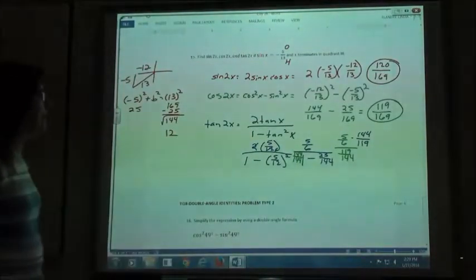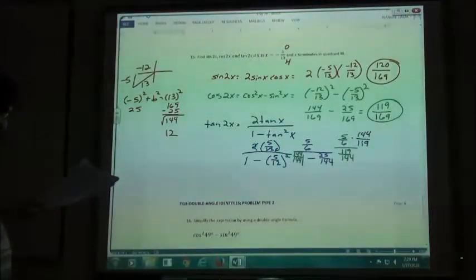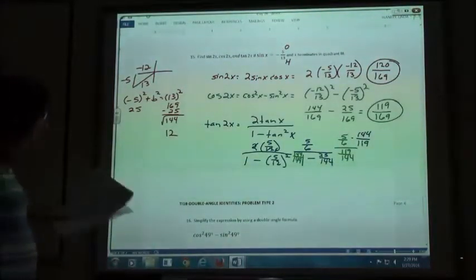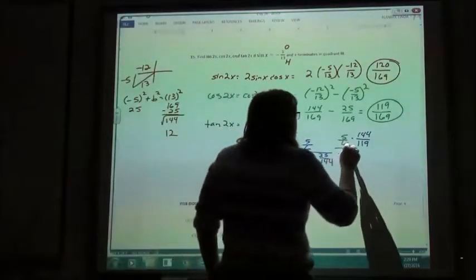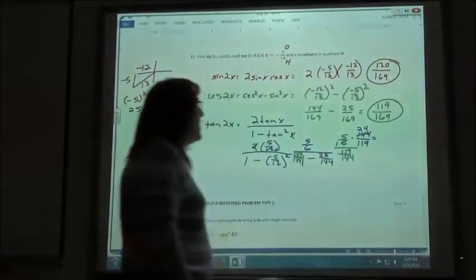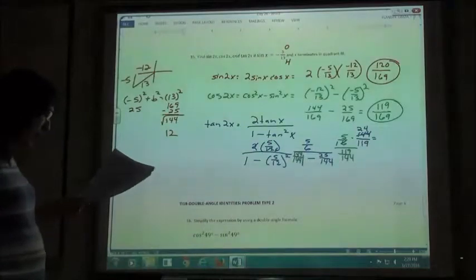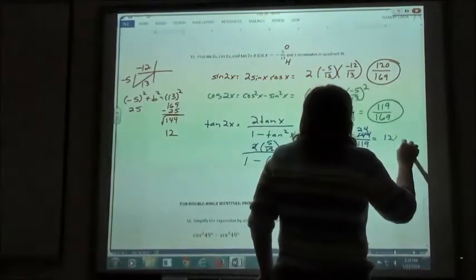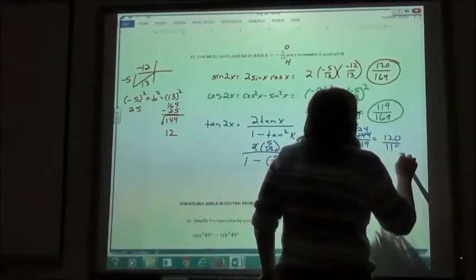I can reduce that a little bit. 6 goes into 144 24 times. That went in there nicely. So I then have 5 times 24. 5 times 24 is 120 over my 119.